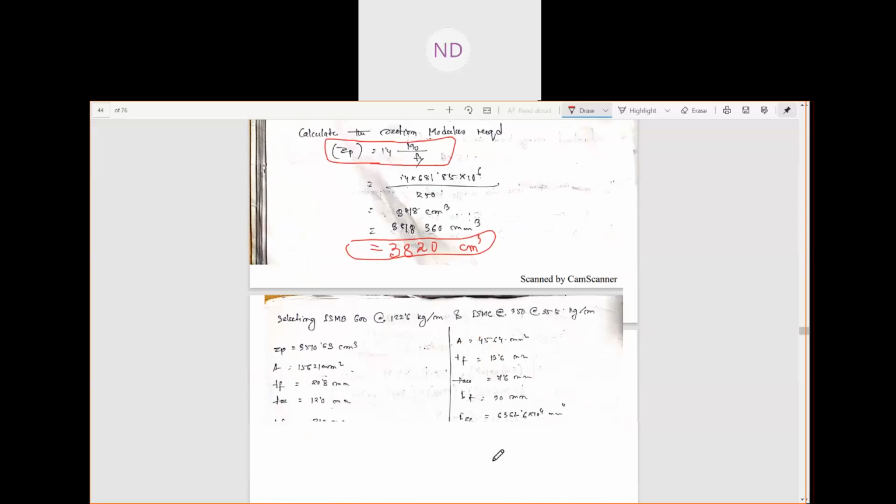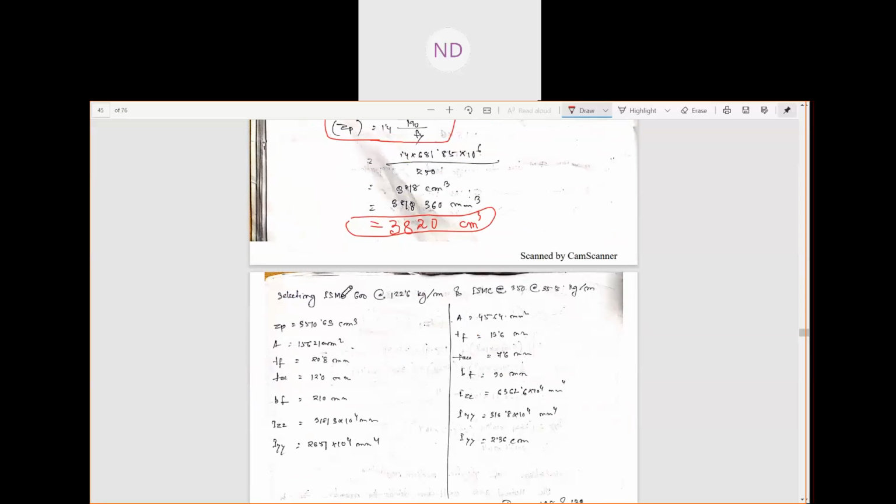With the help of the section modulus, we can select a section. That is, I showed you the I section and the channel section, which will be above the I section for the gantry girder. So we are going to select the section. You can go to your steel book, or you can also go to the IS code.